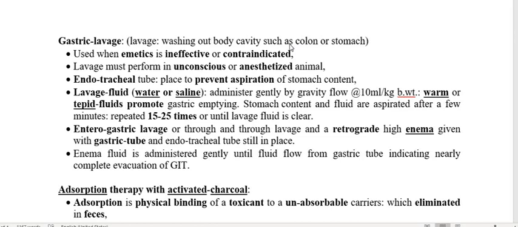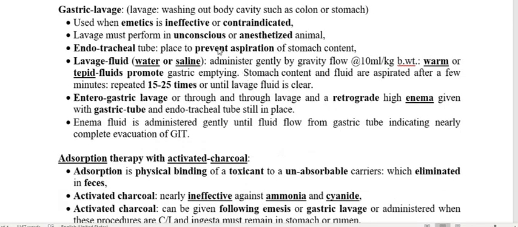Through the tube we take out the content from the GI tract, that is the colon or stomach. We use gastric lavage where emetics are ineffective or contraindicated, and if the animal is unconscious or anesthetized.